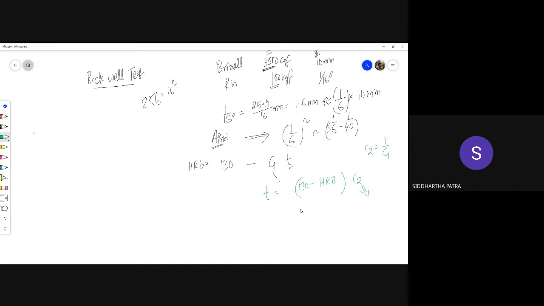So let's say if you get a hardness number of 70, T would be 60 into 0.002, that is 0.12 millimeter or something. Okay, so that's the idea. We directly get the hardness number, and we have to calculate the depth of indentation.